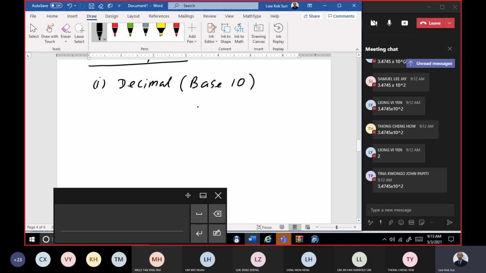This is the most important number system we learn. According to scientists, every day we use decimal numbers, the base 10 number, because human beings got 10 fingers.